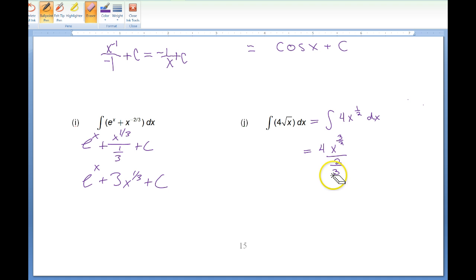Sorry, I'm so used to just switching it right away. So it's 4 times 2/3 x to the 3/2, so 8/3 x to the 3/2, and then plus c. Whether you write 8x to the 3/2 all over 3 or just 8/3 out in front, it makes no difference.